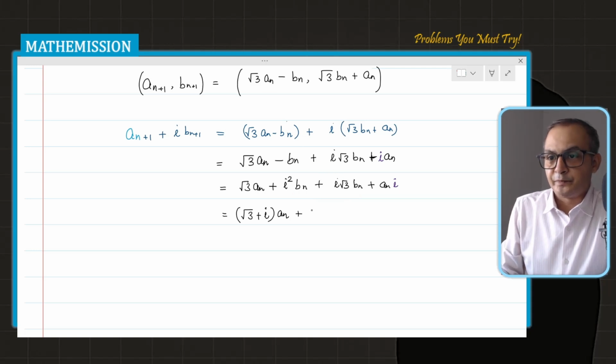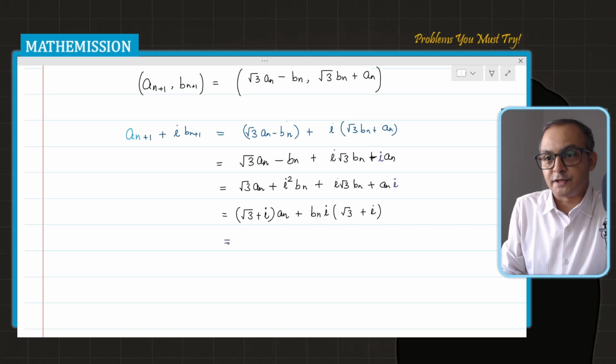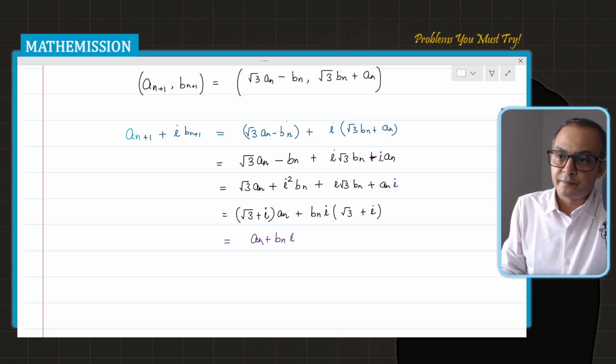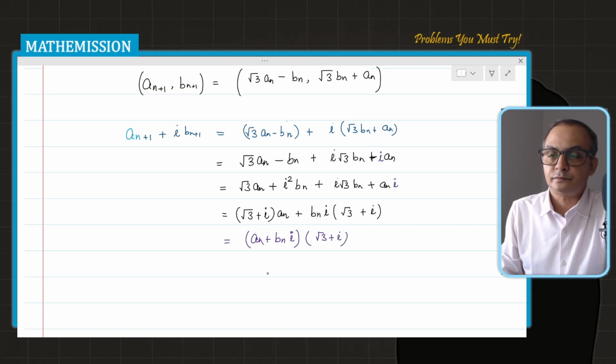So I'm taking bn times i as the common factor, and I am left with root 3 plus i again. So you can notice now the root 3 plus i is a new common factor. There is an plus bn i, times root 3 plus i.